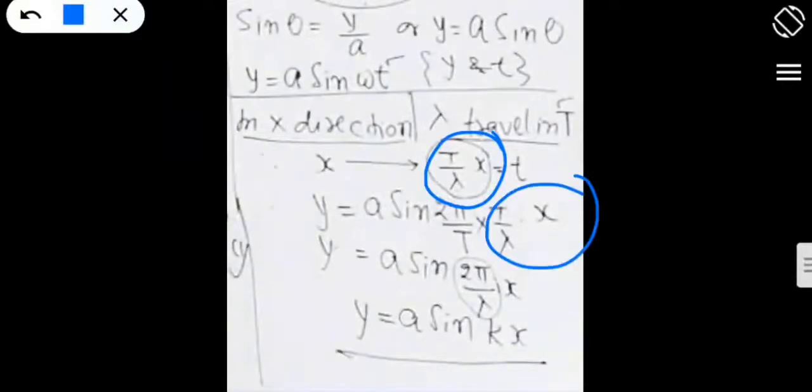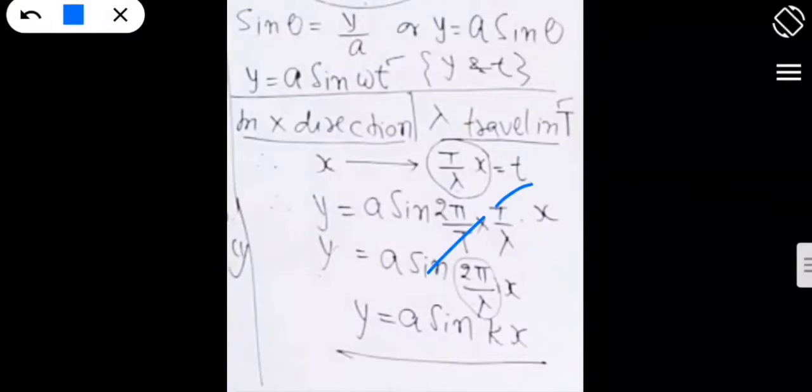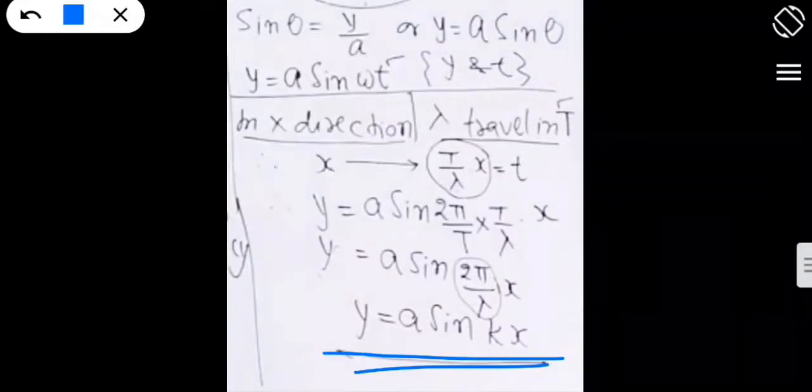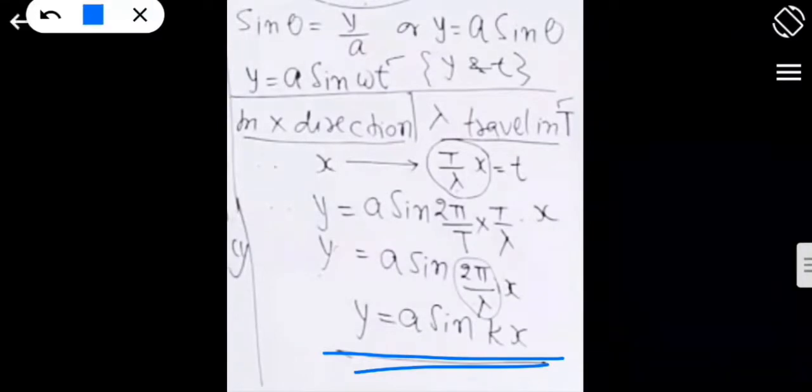So T and T cancel. What is the formula? 2 pi by lambda into x, and here 2 pi by lambda is the propagation constant k. So the formula is y equal to a sine kx.